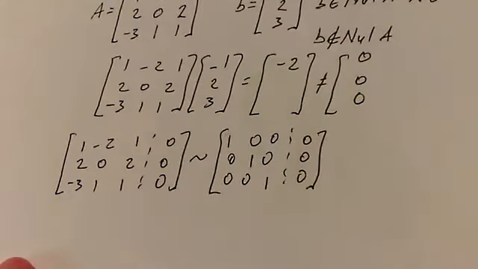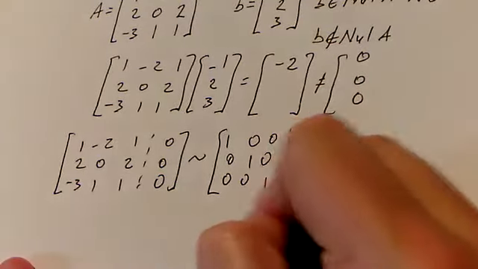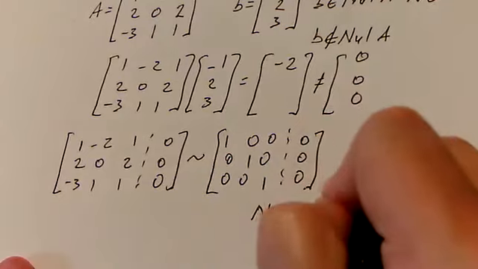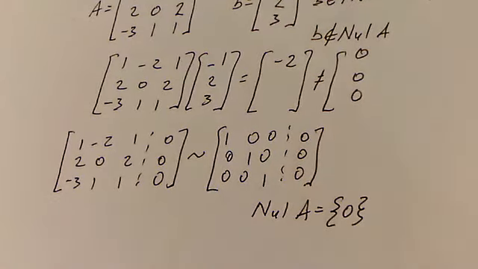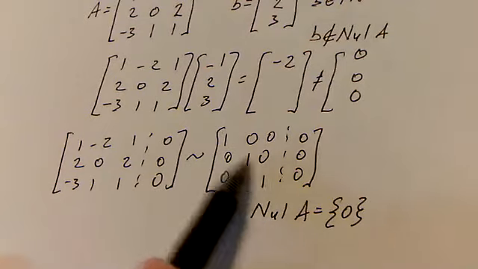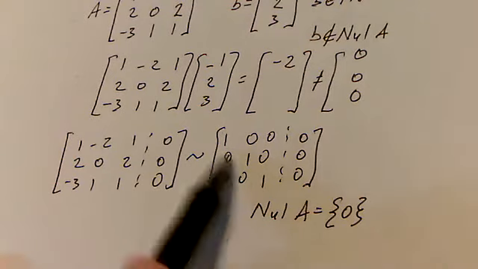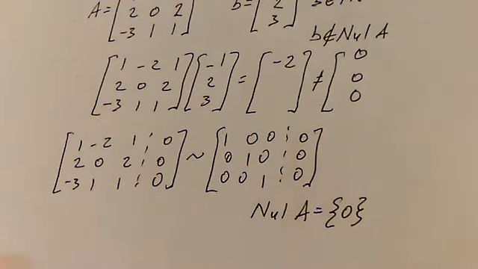That means the only vector in the null space is the 0 vector. There's no other vectors. It means that the column space is all of R3 because these were all independent. So the column space and the null space fit together in that way.